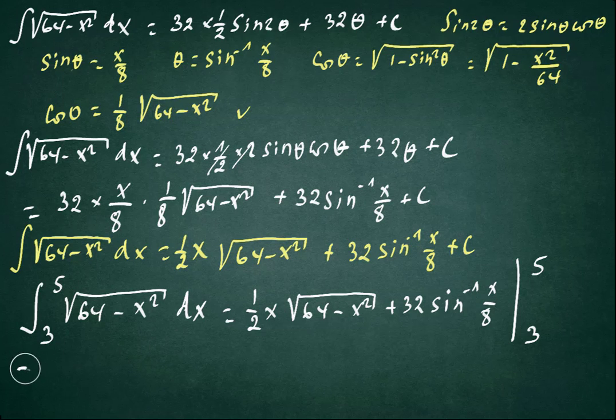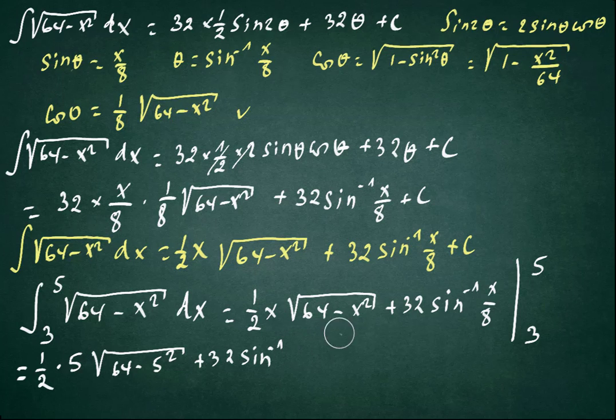I'm going to plug in the 5 and plug in the 3. So all this expression, plug in the 5 minus all the expression, plug in the 3. So 1/2 of 5 square root of 64 minus 5 squared plus 32 sine minus 1. Now this arc sine has to be in radian.